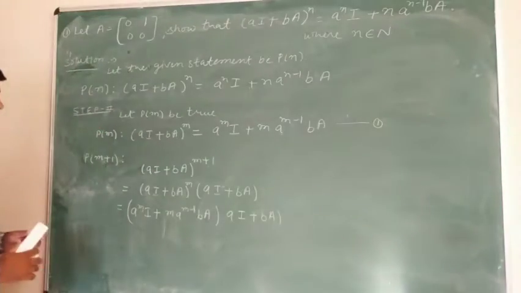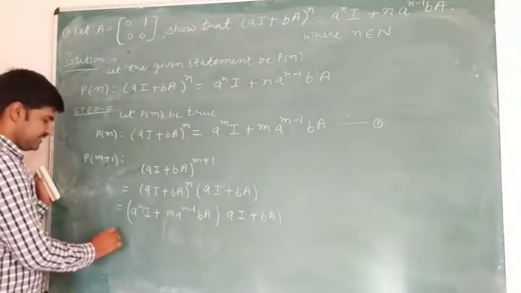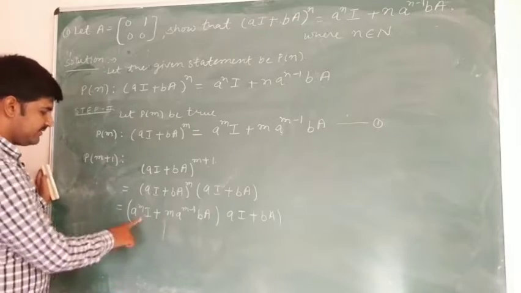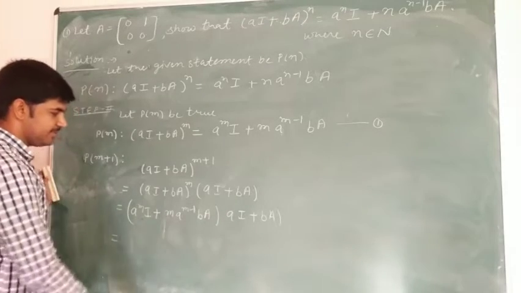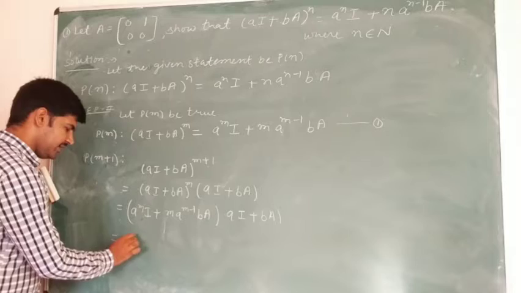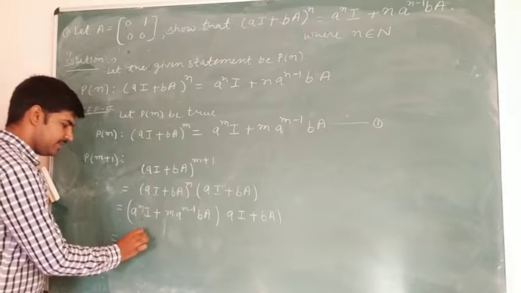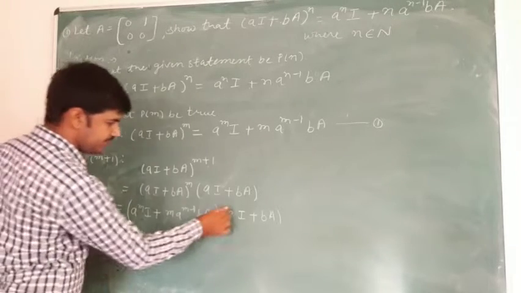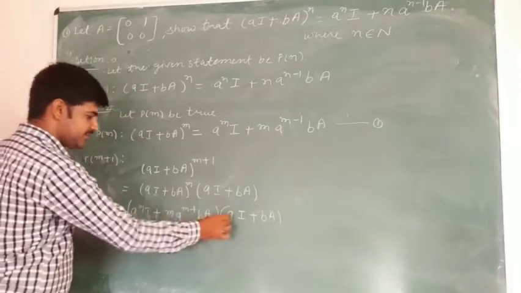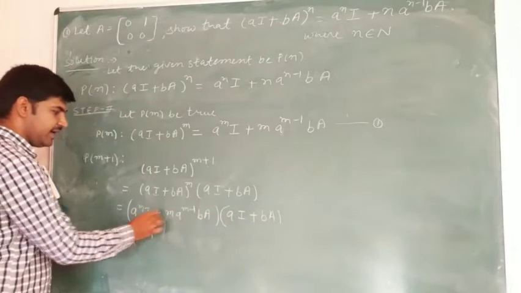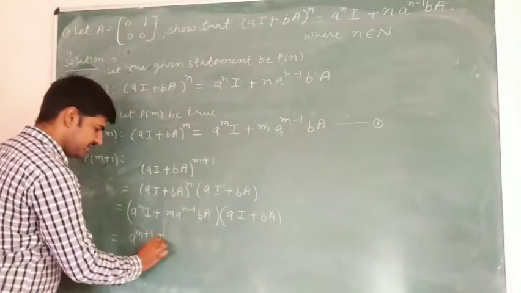Now students, we will simplify this, and when we simplify, the first term will be multiplied by the first term. So we will get a raised to the power m times a, which is a raised to the power m plus 1, I times I, so I can write here I squared.